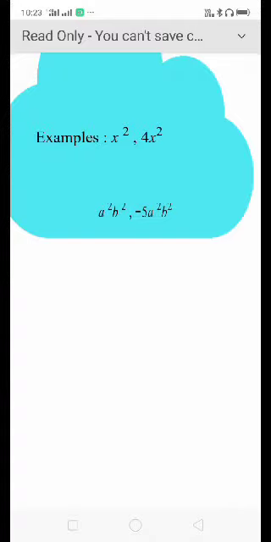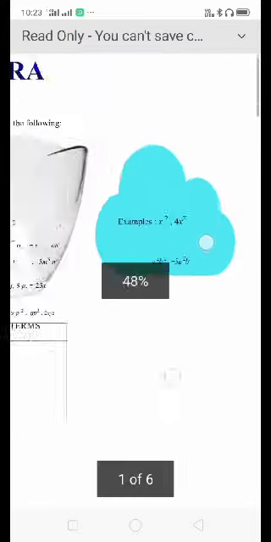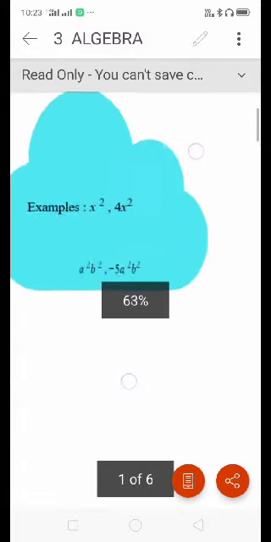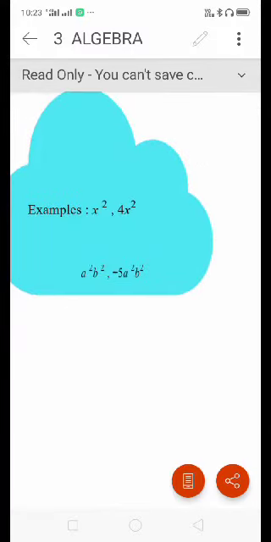And the next like terms are a squared b squared, comma minus 5a squared b squared. Both a squared b squared and minus 5a squared b squared are like terms. Unlike terms: if you are saying x squared comma a squared b squared, these are unlike terms.